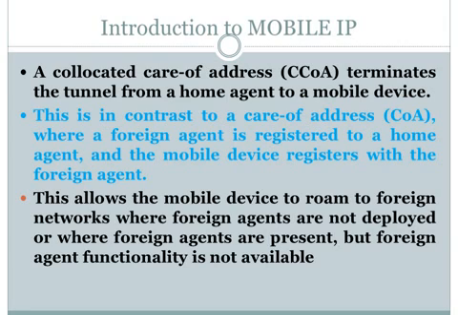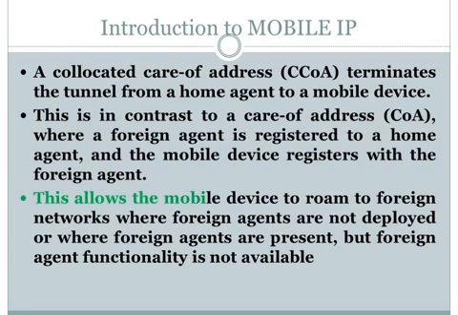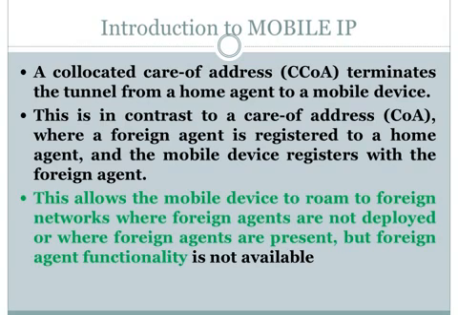So co-located care of address allows a mobile device to roam to foreign networks where foreign agents are not deployed, or foreign agents are present but their functionality is not present. Okay, the foreign agent is there, but not as a foreign agent. In that case, there is no point of sending there. The home agent here itself assigns the address.